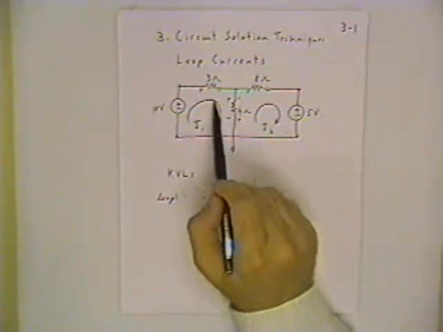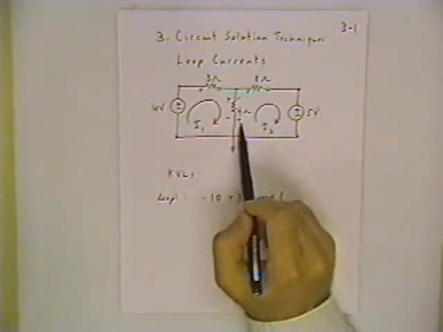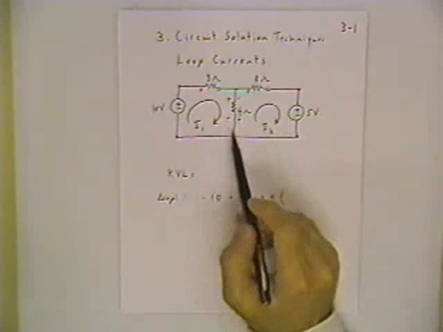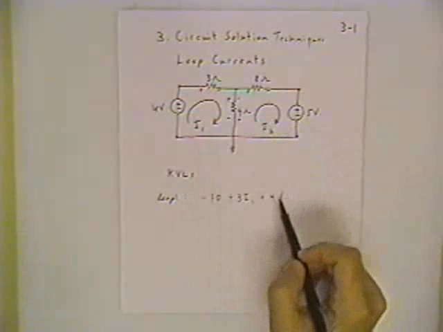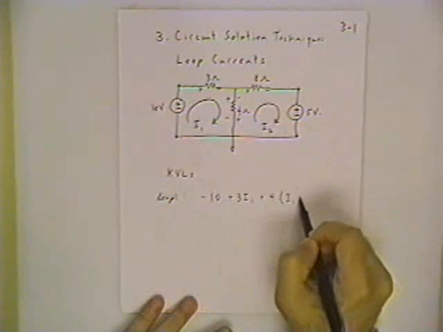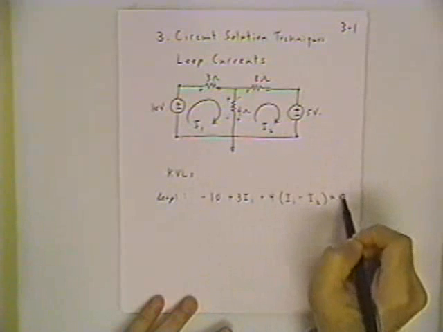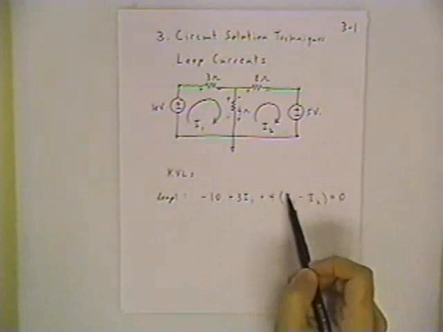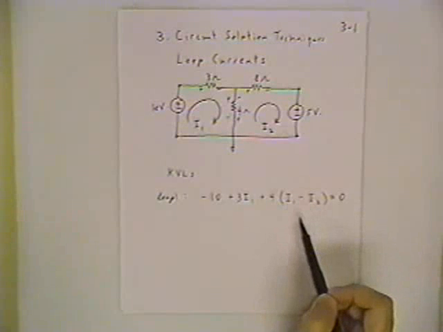With my setup here, I've got I1 going clockwise, I2 going clockwise, and that means I2 is going up through the 4 ohm, I1 is going down through the 4 ohm. This downward direction matches my polarity sign, my positive sign. So I'd write I1 with a positive sign and then minus I2. Or if you just want to think about it, this is the current going through the 4 ohm resistor. It's the difference of the 2 loop currents, I1 minus I2.